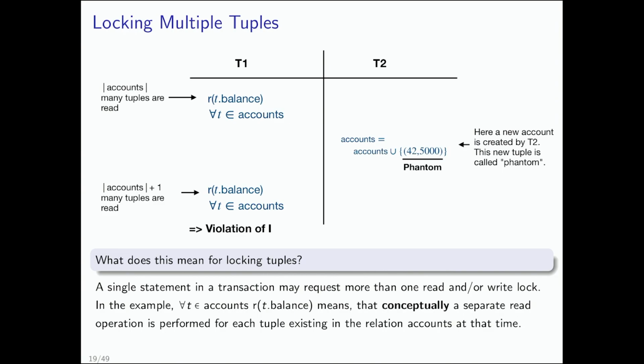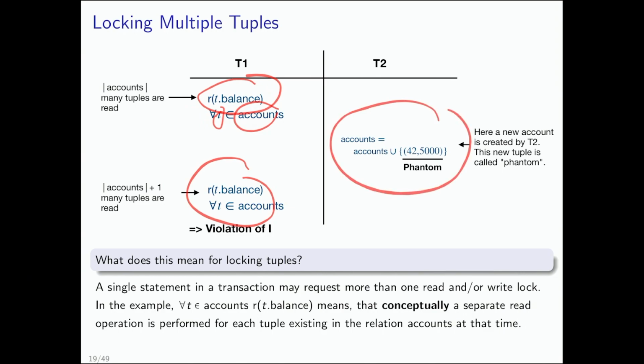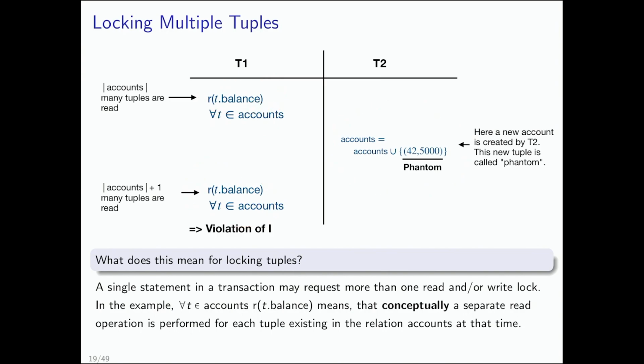So basically, you read multiple tuples, and what we learned before, for all of these tuples in the accounts relation, for all of these t element of accounts, you do a read operation on their balance. That's what you're doing here, and that's what you're doing here again. However, what you're doing concurrently is you're adding a new tuple to the set of tuples represented by the accounts relation. And that's a problem.